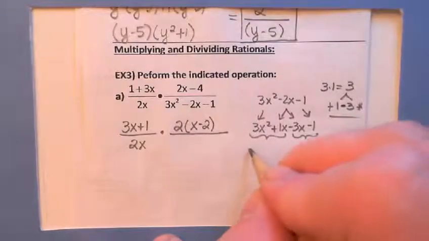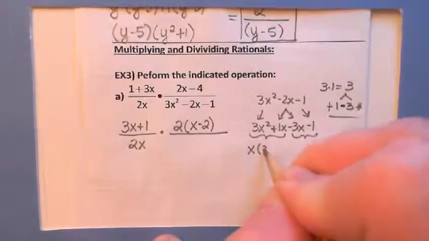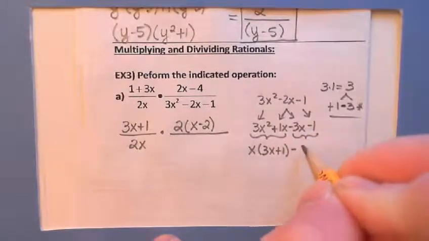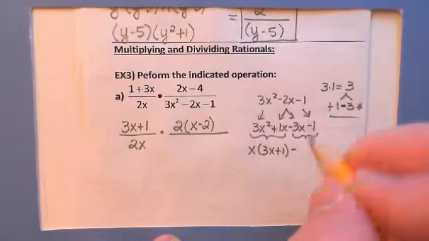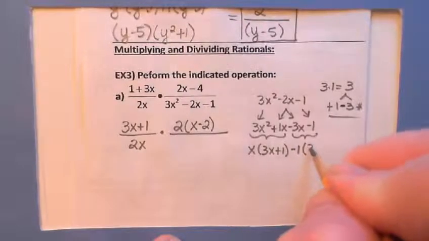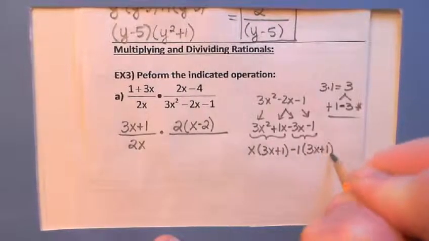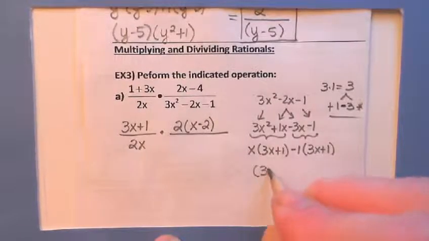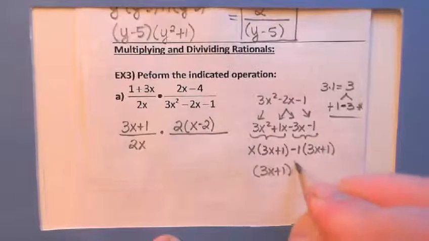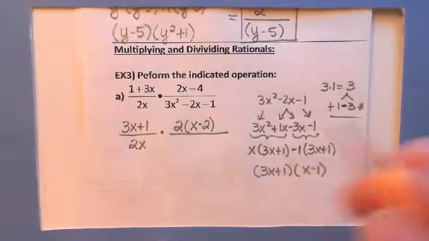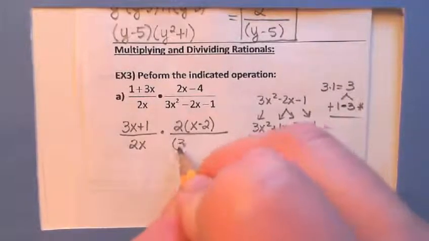From the first two I can factor out an x, so this would be 3x plus 1. Bring down the negative. What can I factor from 3x and minus 1? It would be a 1. So that gives me 3x plus 1. And what can I factor from both? I can factor 3x plus 1, x minus 1.